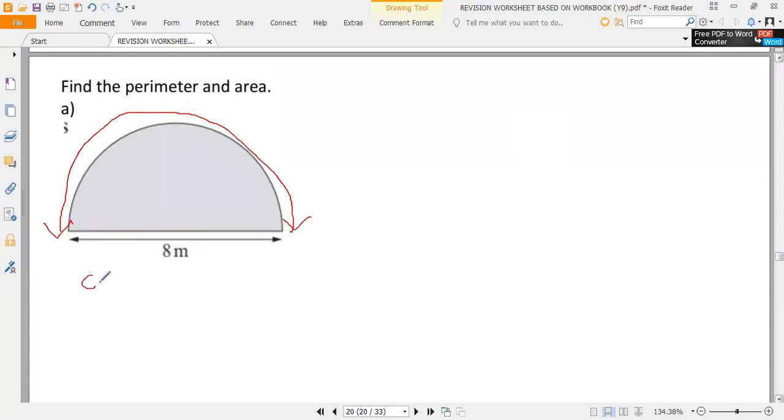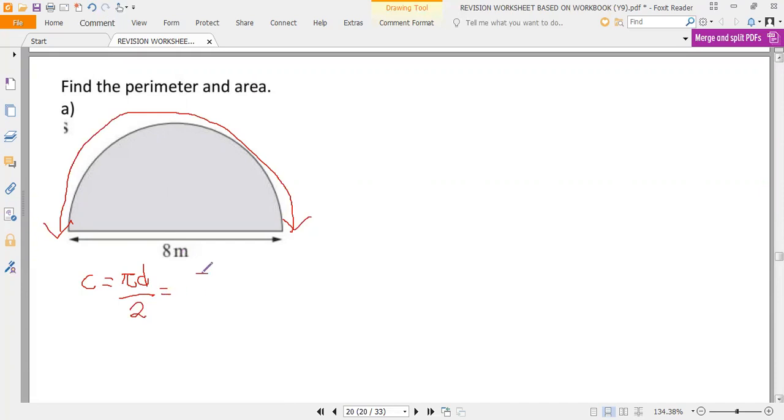So C equals, you can use 2 pi r or pi d. In this case, diameter is given, which is 8, so I'm using d for diameter. Pi d is for one whole circle, right? Now in this case, we are finding half of a circle, so we'll divide it by 2 for semicircle.